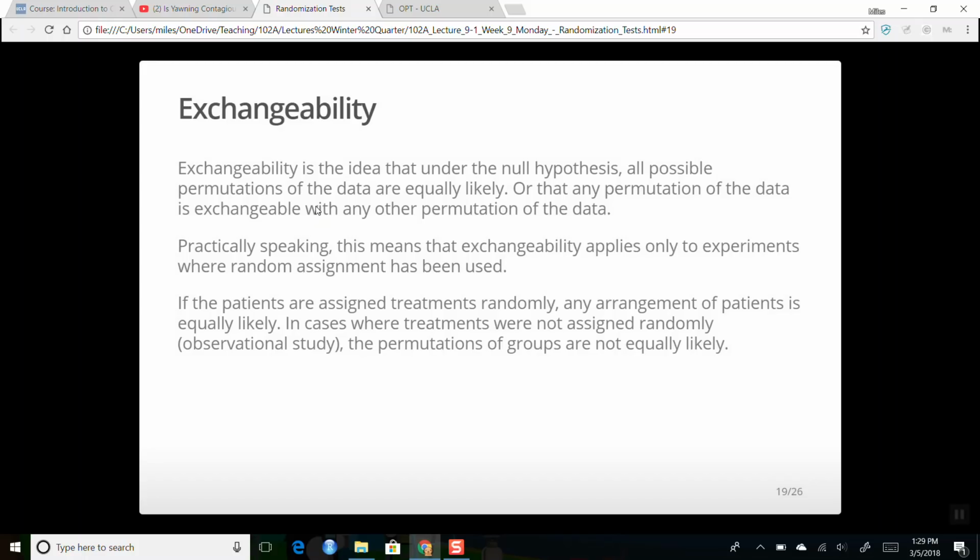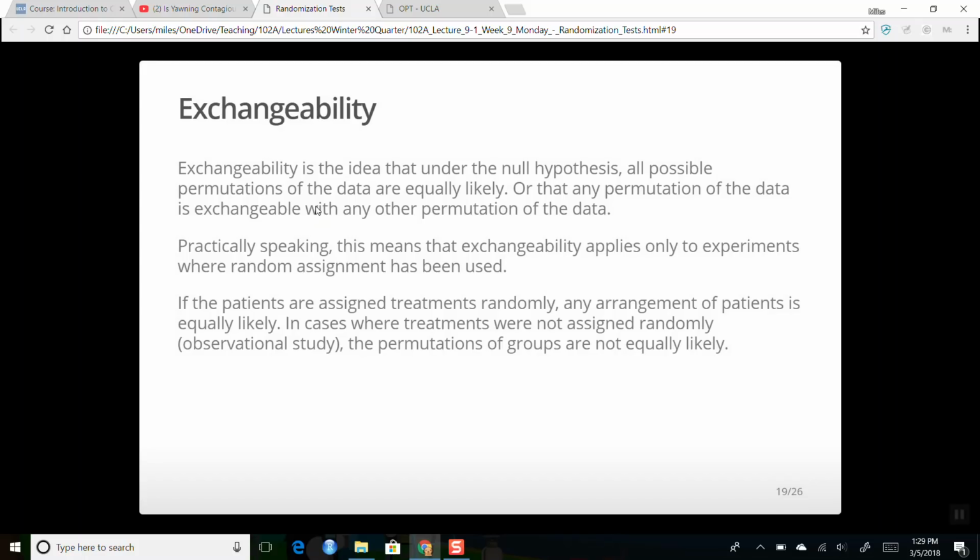And so, when you deal them out, you're going to get a certain permutation of your data, okay? However, if you shuffled the cards one more time, you would get a totally different random assignment, right? However, that random assignment is just as valid as your current random assignment.